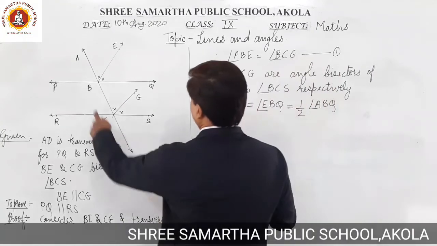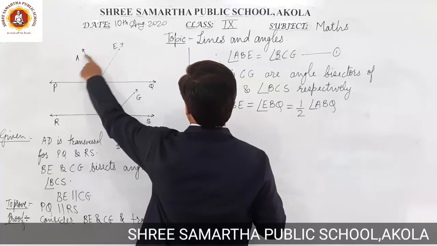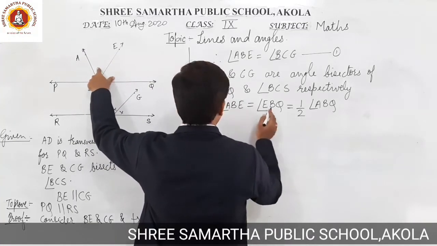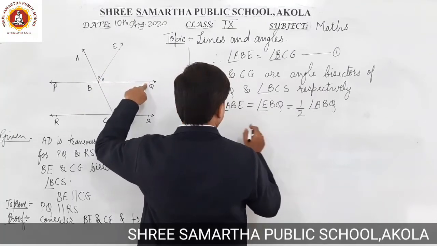Okay, and here these two angles are equal. This is the bisector of ABQ, therefore these two angles are equal and half of this bigger angle.